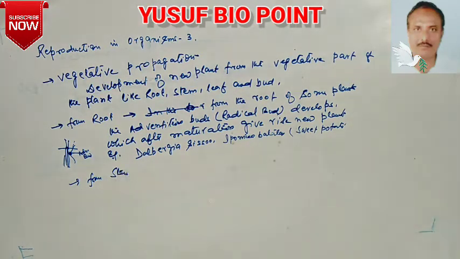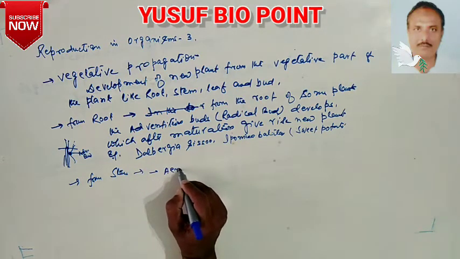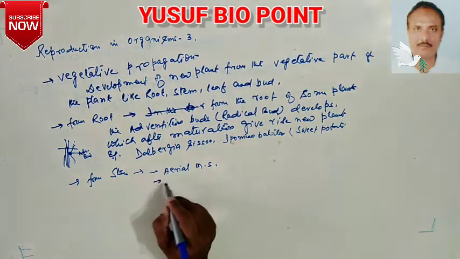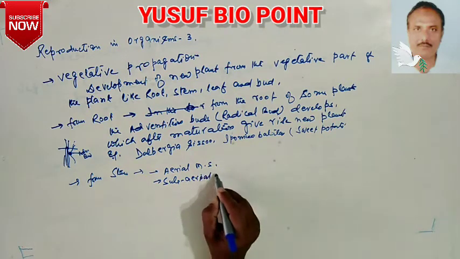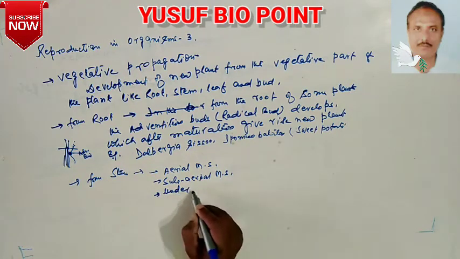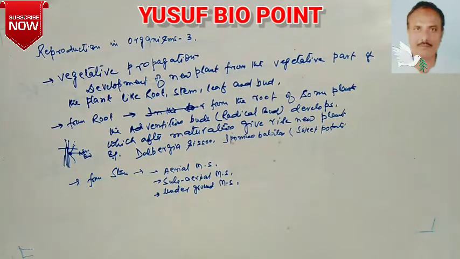from stem. You have already studied in class 11 that stems are modified for performing different functions. Their modifications are aerial modification of stem, subaerial modification of stems, and underground modification of stems.